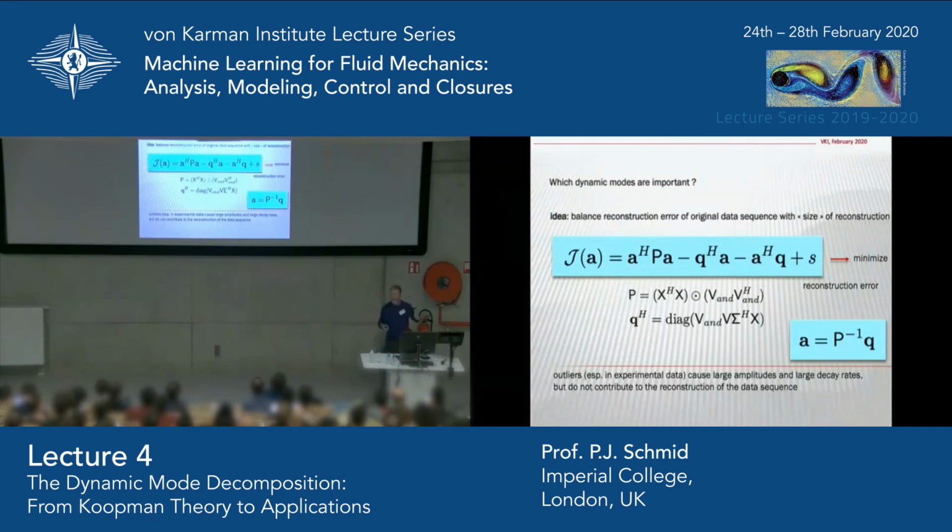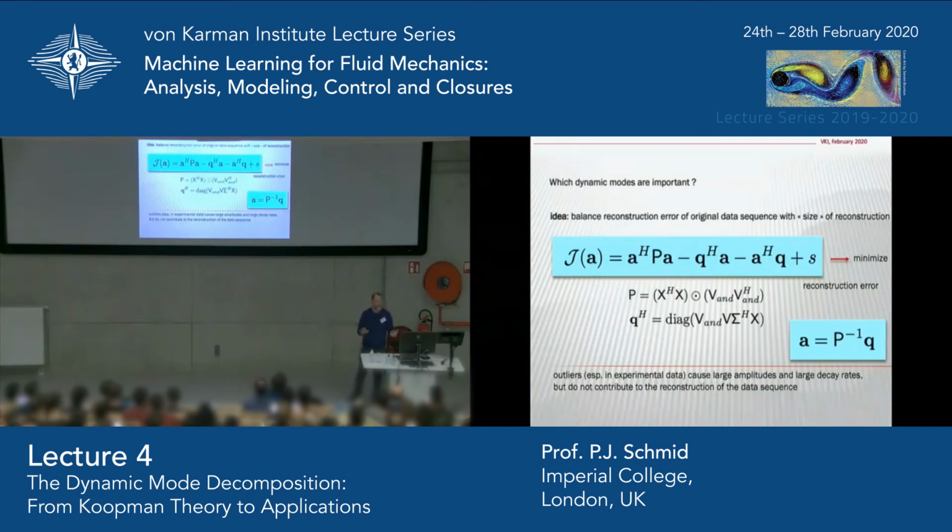So if there's an outlier that is really big in one snapshot, and in the next snapshot it's almost gone, it interprets it as something with a big amplitude and a huge decay rate because it needs to be gone by the next time snapshot. So you get a big mess, the whole spectrum explodes more or less, and you get large amplitudes that mean nothing. These amplitudes that come out of the A could be a melange of good amplitudes that are high for a good reason and amplitudes that are just associated with outliers.